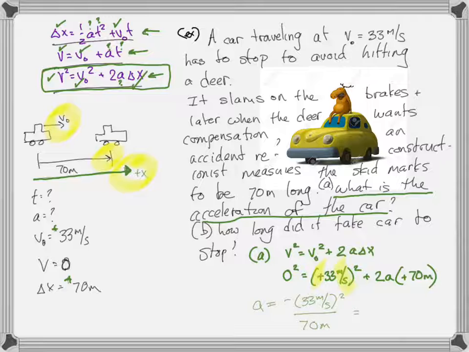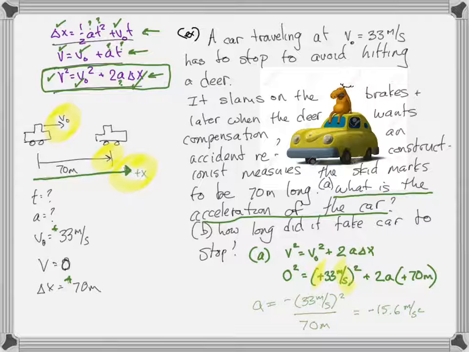Where did that minus sign come from? Pay attention to where that came from. I'm not going to tell you, you should figure it out, it's algebra. I'm also going to make sure that the units work, because in the parentheses I've got meters per second quantity squared, or meter squared over second squared, and we've got a meter on the bottom, so 1 meter will cancel and 1 meter will be left. I plug that into my calculator and I get minus 15.6 meters per second squared.